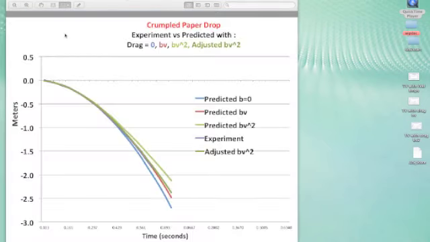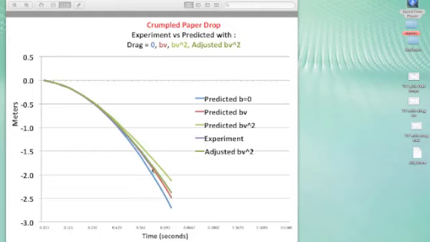All right, here are the results we received, graphed out for the crumpled paper ball drop, the experimental versus the predicted. We have 0 drag in blue here. The red is with a drag coefficient B times the velocity. The experimental is purple.